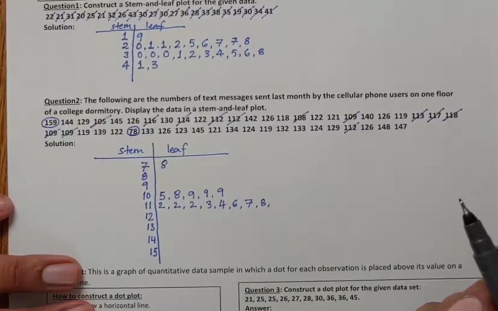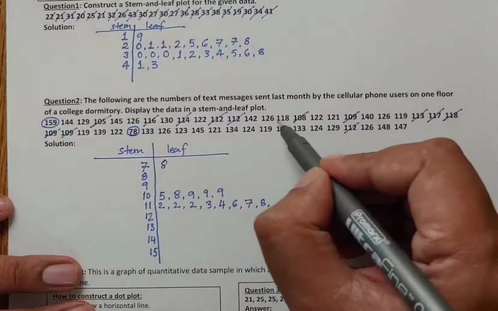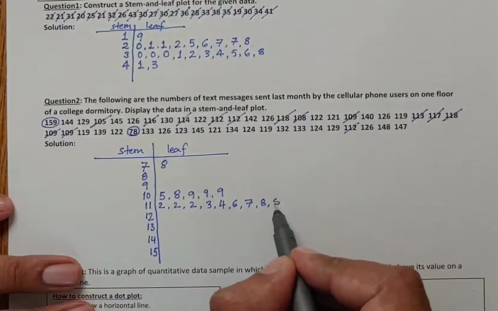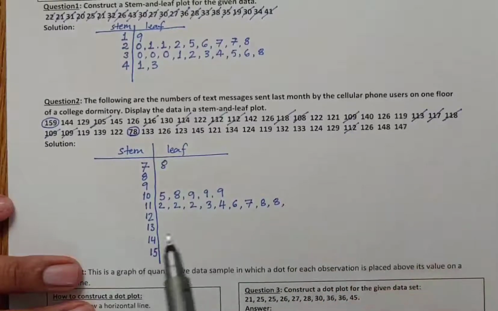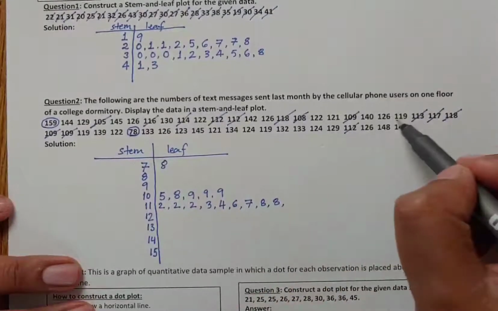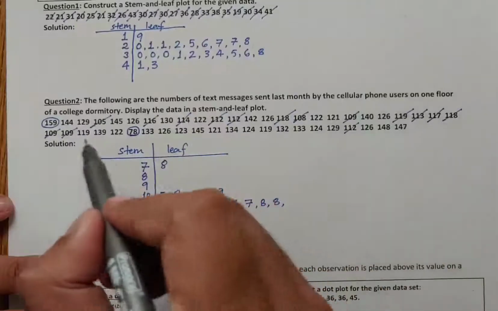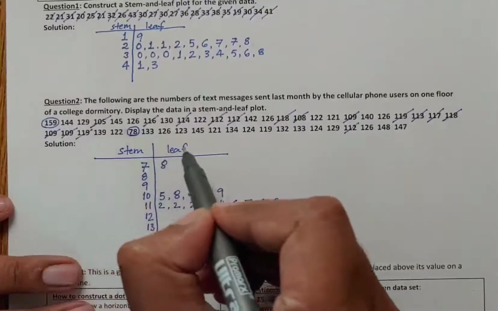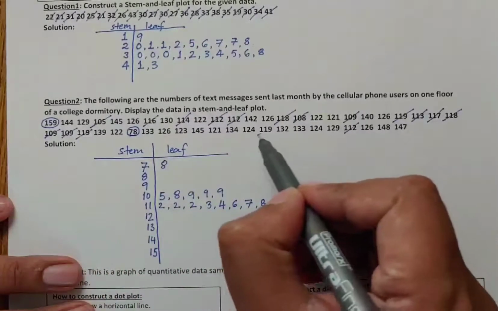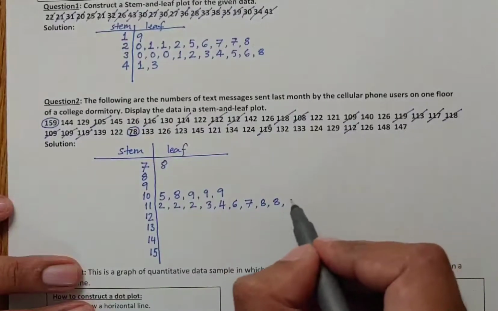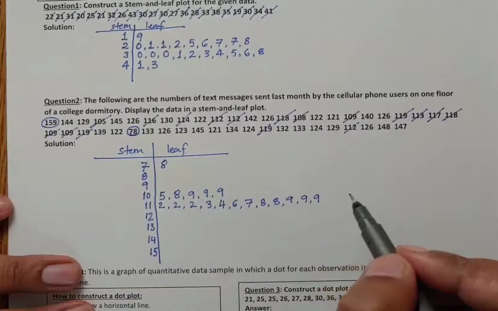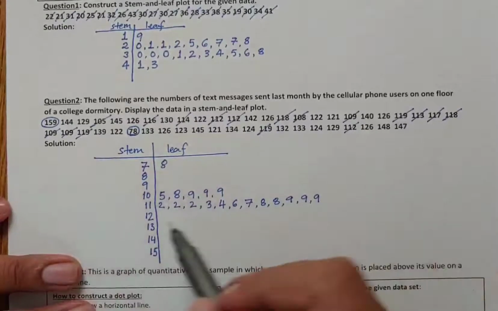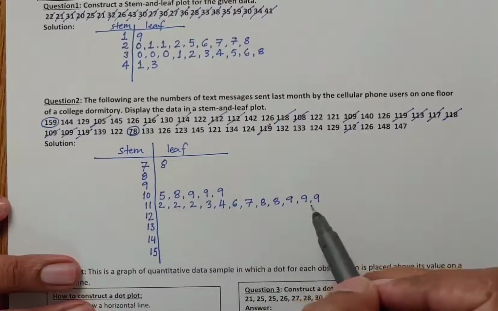We have another 118, 118, and then we have 119, 119, 119, 119. So these are from the 110s place.